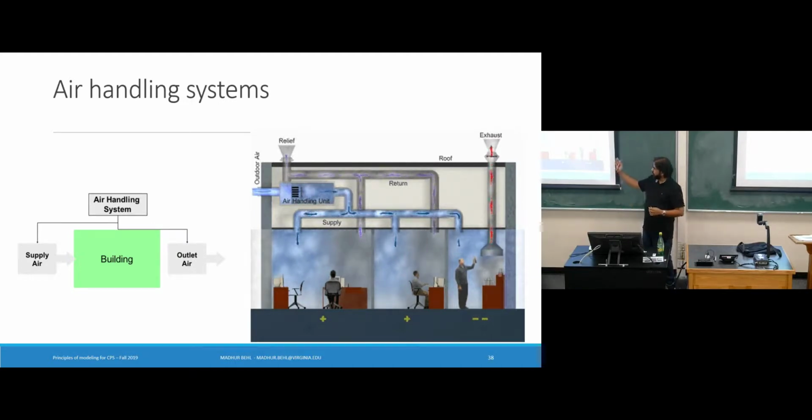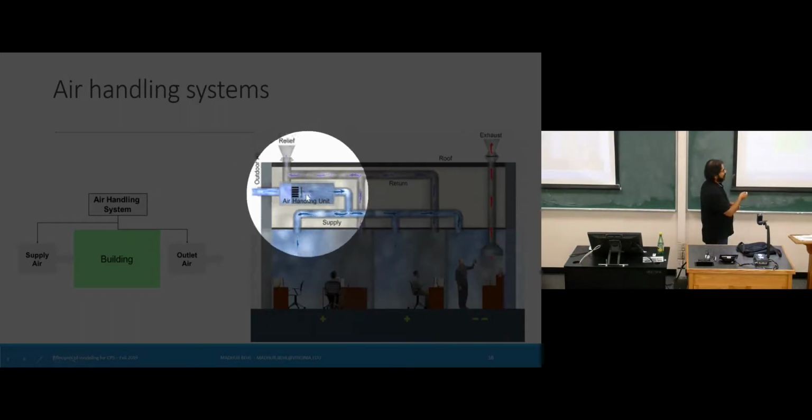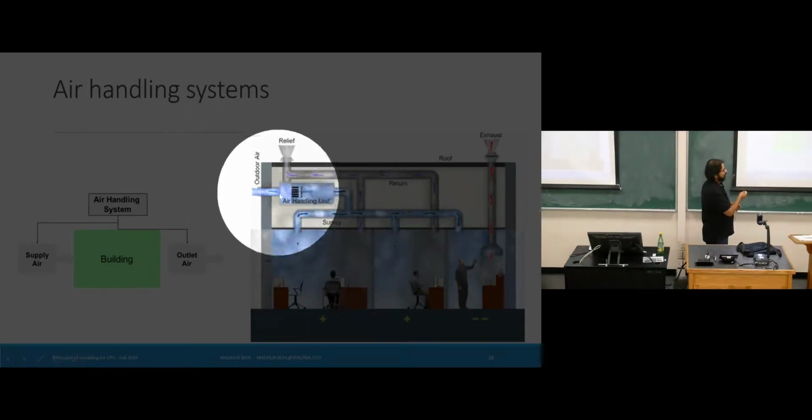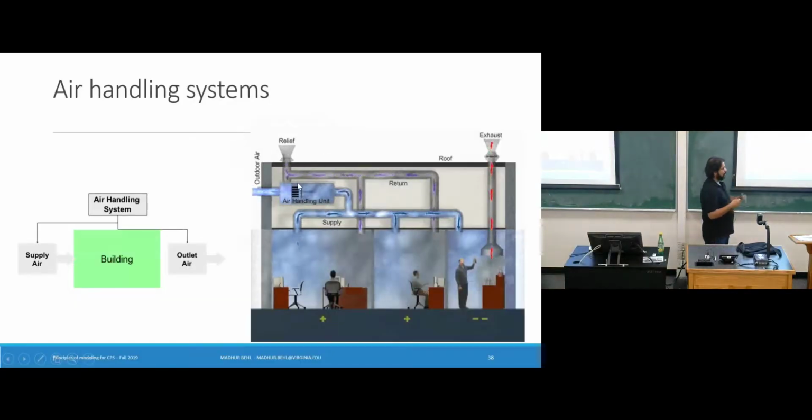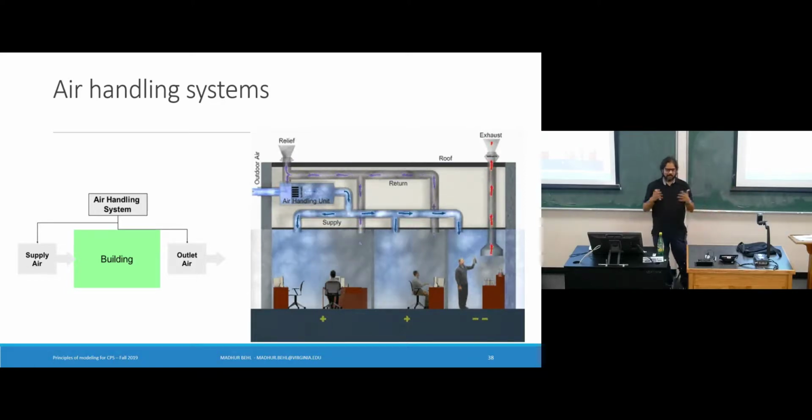This picture can help, where there is equipment called an air handling unit. This air handling unit essentially takes air from outside and also some recirculated air from the building itself, and through a series of ducts, which are essentially this network of pipes and highways, distributes the air to every single room or zone of the building.